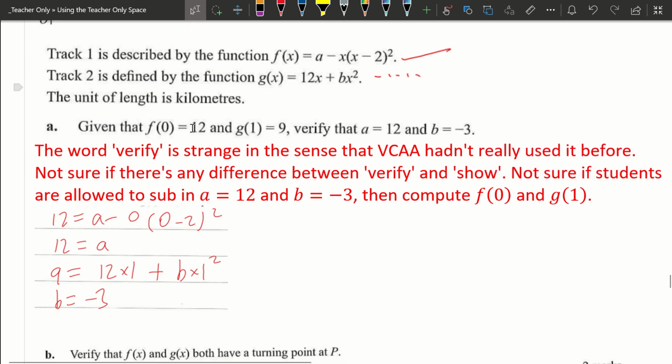I'm just going to put 12 equals and then take f and substitute x equals 0. That's all I've done here, and I have proven that a is 12. The next thing is 9, so 9 equals, and I'm substituting x equals 1. Then I do some calculation, and b is -3. So I have done this in a show way.